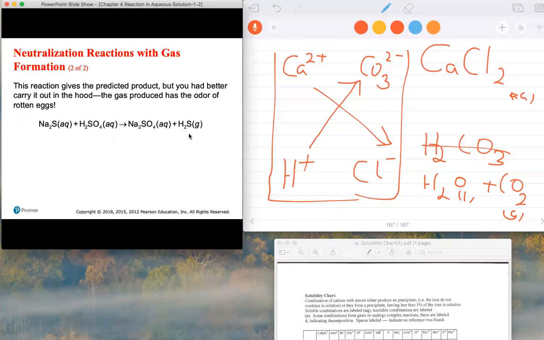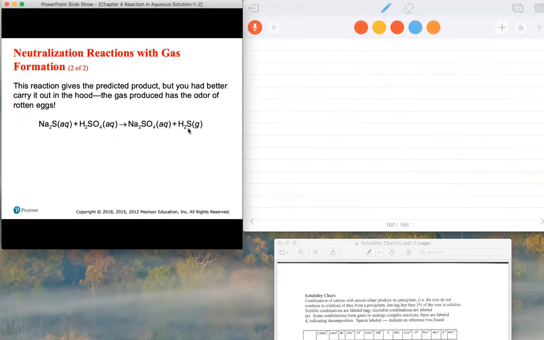reactions that produce hydrogen sulfide. I know you may say this is called hydrogen sulfide, but the common name is just hydrogen sulfide. Sodium sulfide with sulfuric acid produces sodium sulfate and hydrogen sulfide gas.